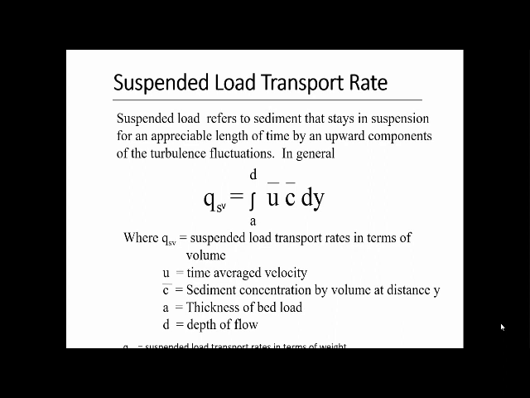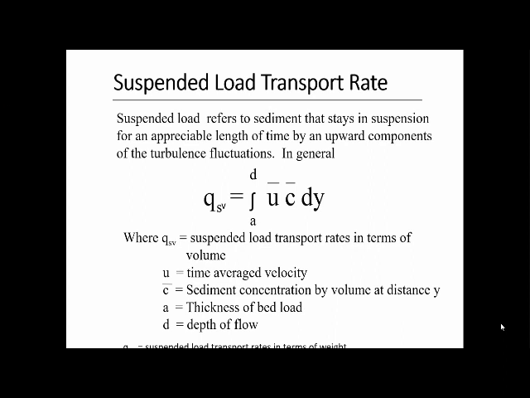So kalau you take that profile from the bed load layer up to the water surface, and then you have this average velocity u, you multiply by the c.